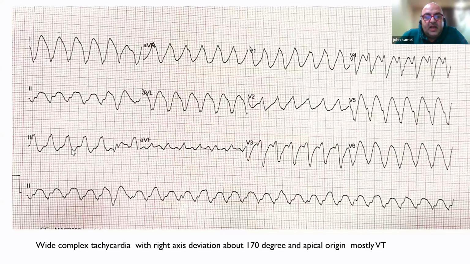So its axis is about right axis, 170 degrees, and it is of apical origin as V3 and V4 almost have a negative complex. This is suggestive of an apical origin of VT, mostly originating from the apical lateral wall.